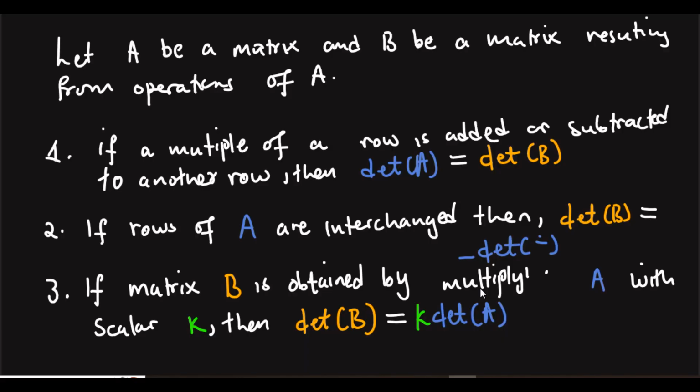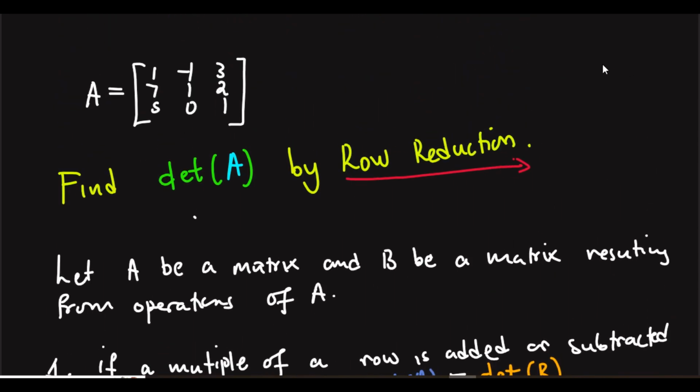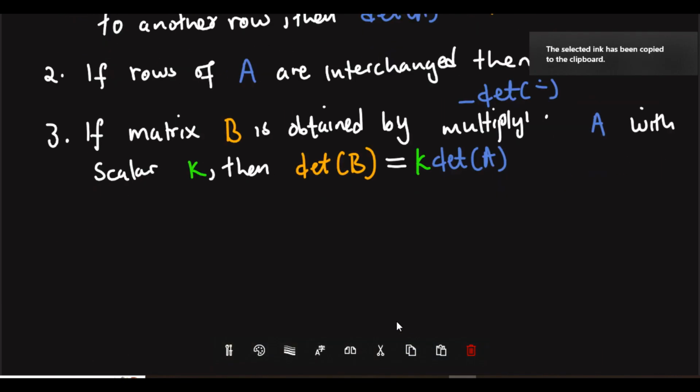Now let's do an example and see how we are going to apply this. Let's look at this matrix. This is the matrix that we've been using to determine the determinants, so let's use this one to perform the operations.